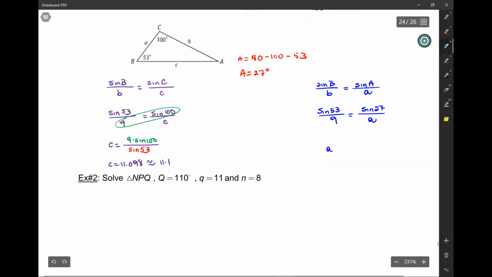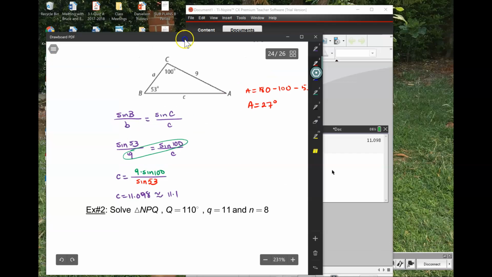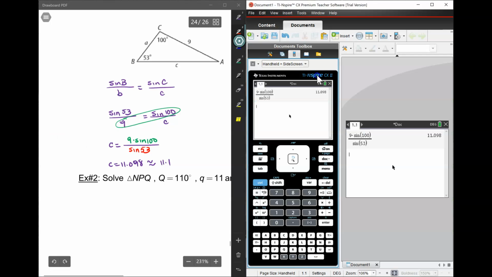So again, little a is equal to some fraction. I look at the diagonal that's complete, 9 sine 27, over what I haven't used yet, which is sine 53. If you're using a calculator where you can edit, you can go back to what you just put in, select it, press enter, and now all I have to do is modify this.